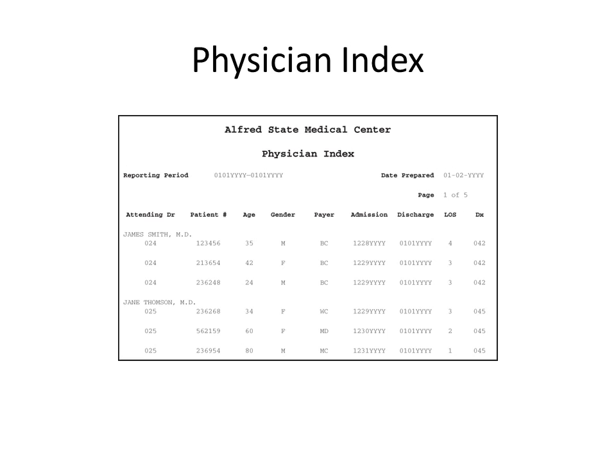Then you have the physician index. This is categorized by the very first column; these are filed according to the number issued to the doctor by the facility. So in this case, Dr. James Smith, his facility number is 024. Dr. Jane Thompson, her facility number is 025.